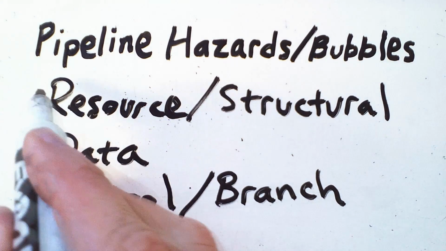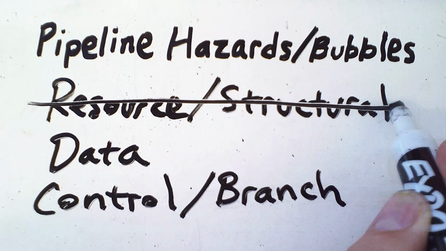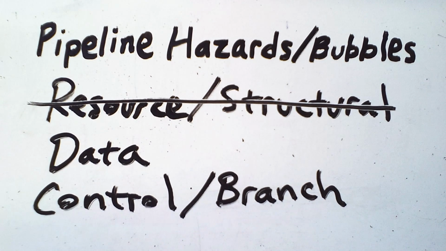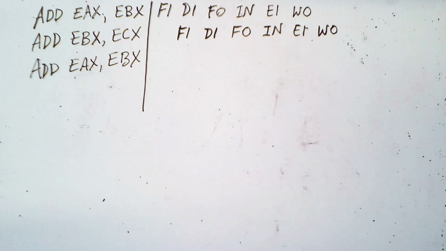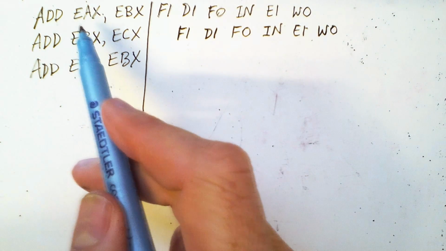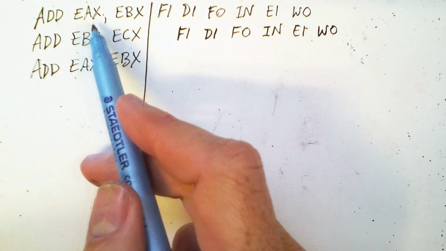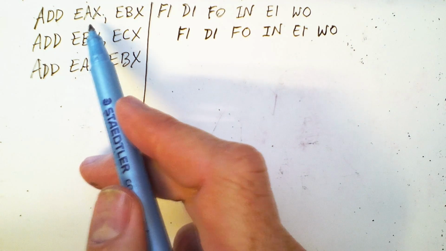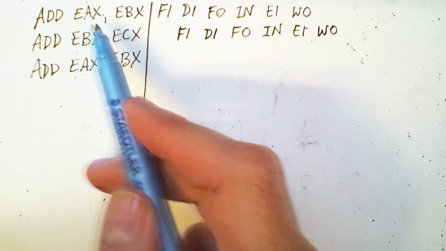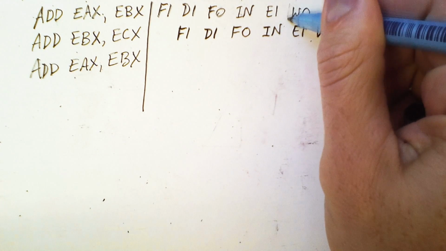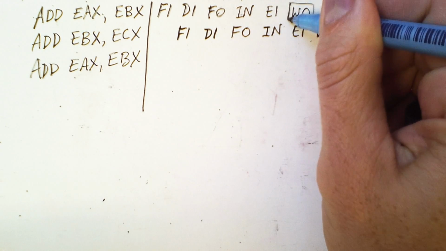So we've discussed resource or structural hazards. The next one we'll talk about are data hazards. Data hazards occur when the results from calculations are not yet located where they need to be. Consider this example. I've written out how the pipeline gets filled for the first two instructions here. The first instruction changes the value of EAX, but that change doesn't take place until the write operand stage of the pipeline.